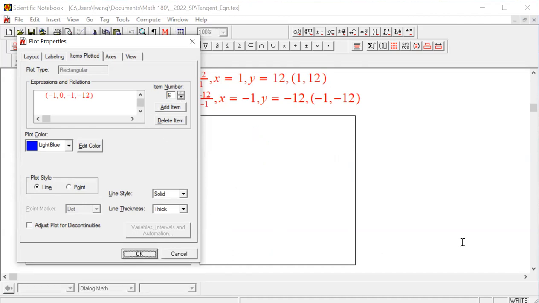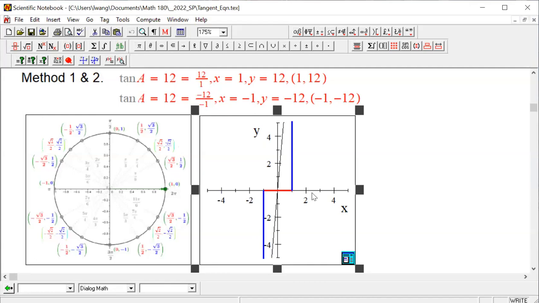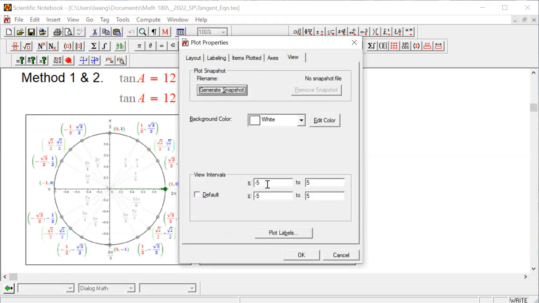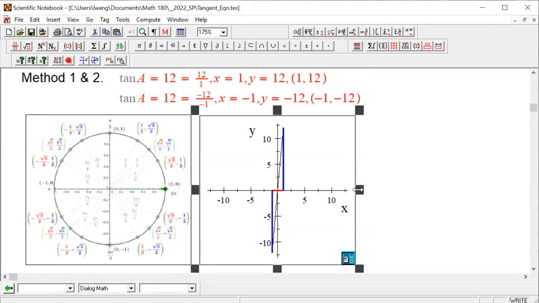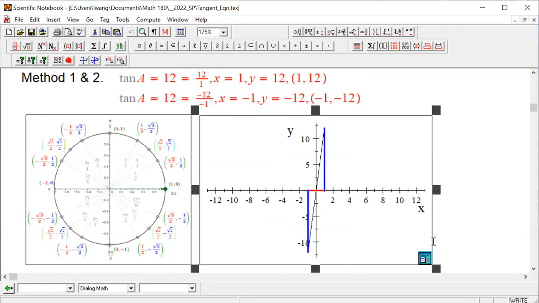Okay, let's see what we get. Look at that. We had to make some adjustment to the picture because we don't have enough space. So let's make it -13, +13. Oh, that's pretty ugly, isn't it? But that's the situation.